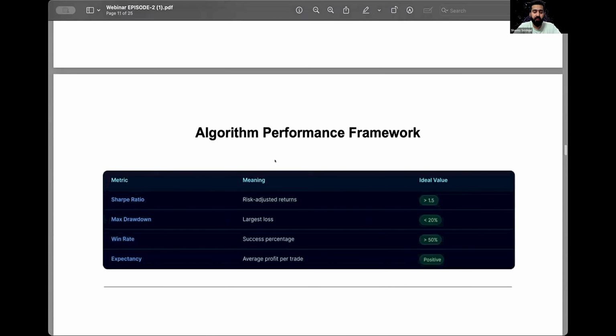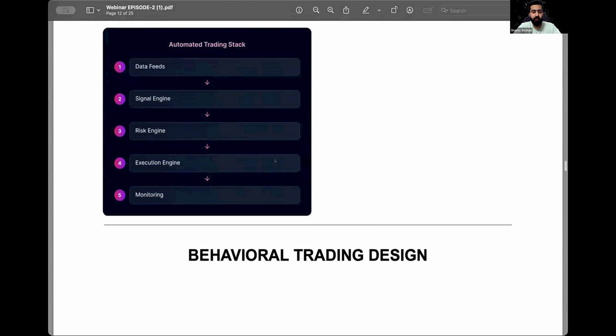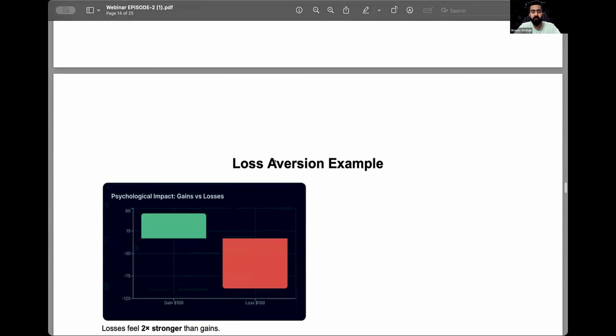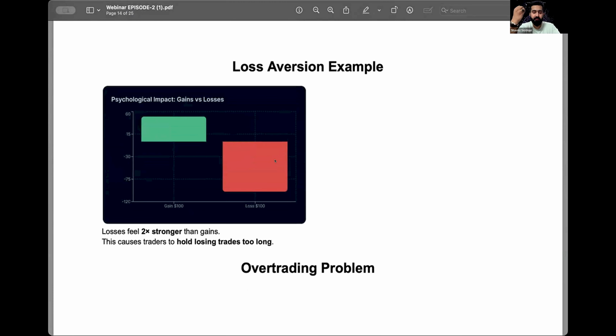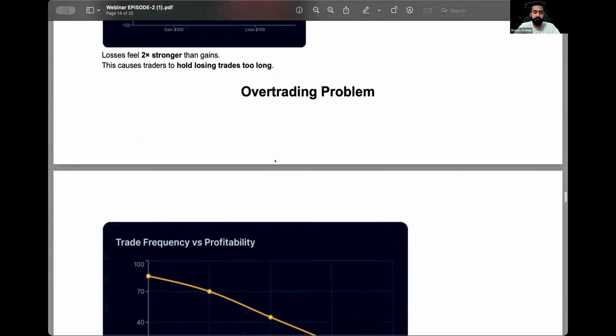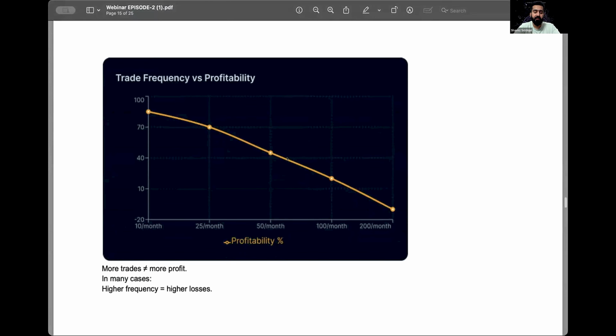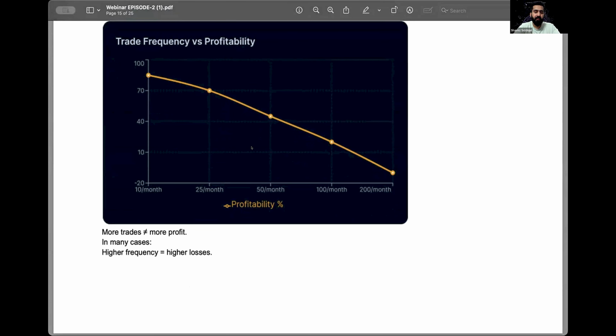So account blowing with retail traders is more because of the behavioral trade design on which human psychology works when it comes to trading, and the aversion of loss is one of the biggest, most significant factors behind gains and losses.